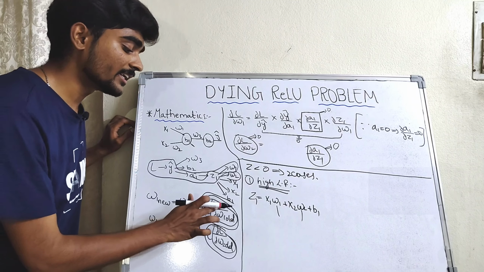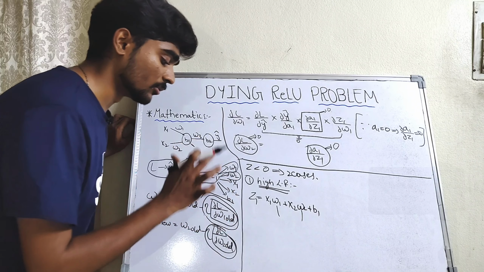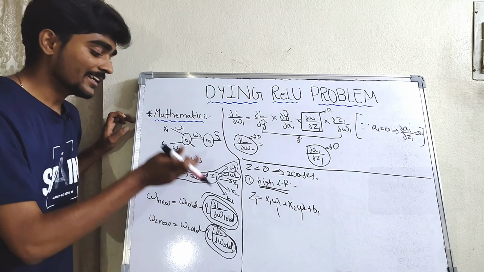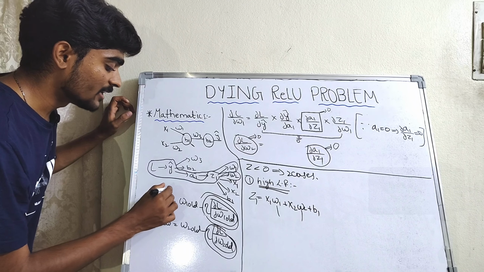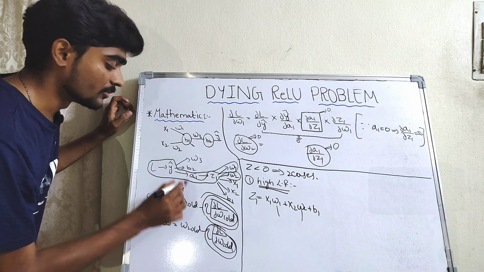Learning rate into dou l by dou w1 old will be greater than w1 old. When this value is greater than w1 old, then w1 new will be a negative value, right? As you are performing subtraction, this w1 new value will be negative.